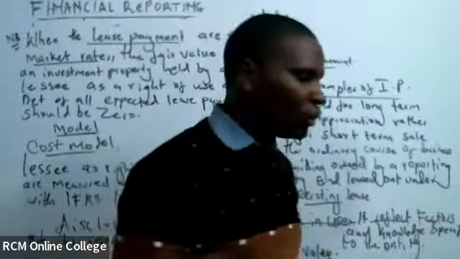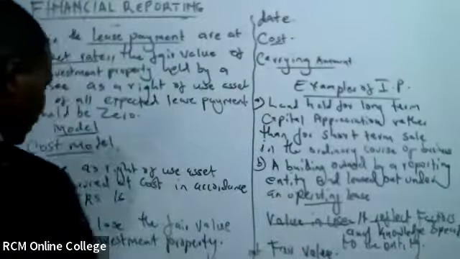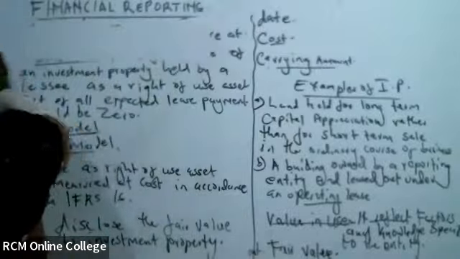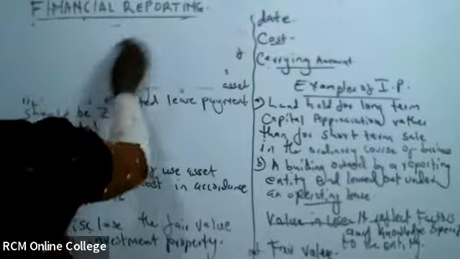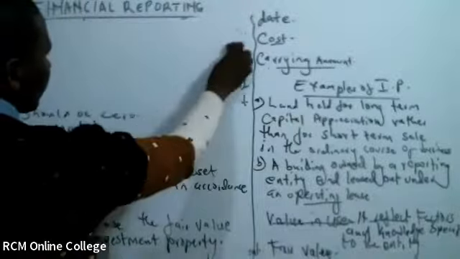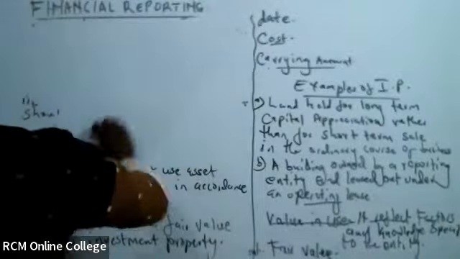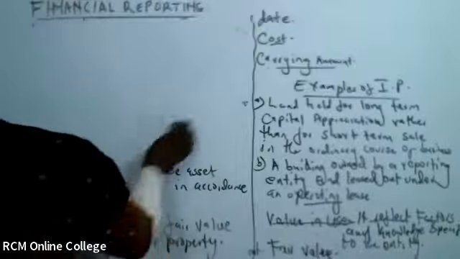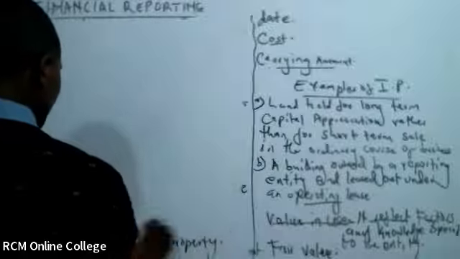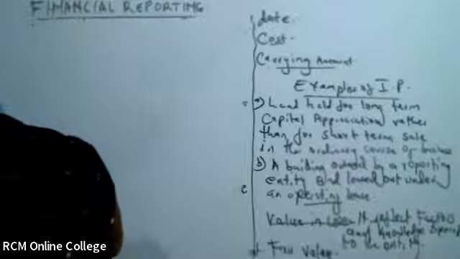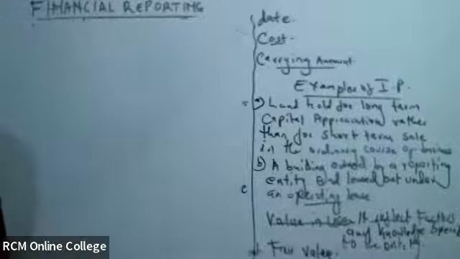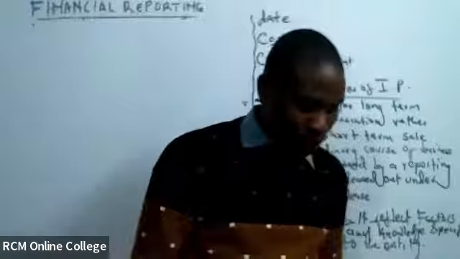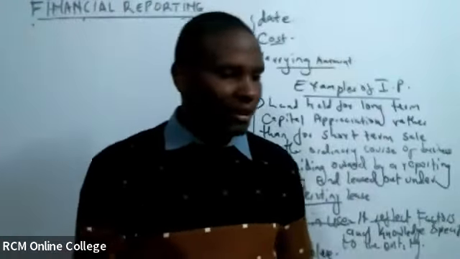Recognition. How is investment property recognized? We're almost winding it up. Once we get to the recognition, it comes easy. So for the recognition, investment property should be recognized as an asset when two conditions are met. That is important.